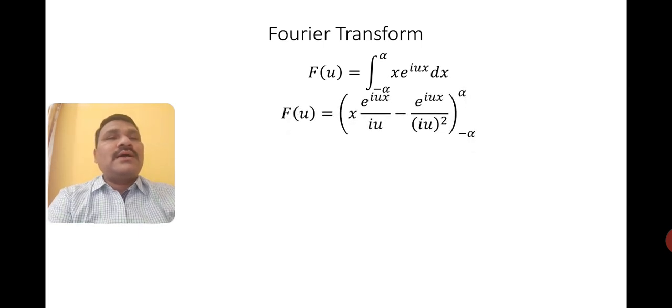So I kept the first x as it is, and I did the integration of e to the power iux, which gives e to the power iux divided by iu, minus, once again the differentiation of x will be 1, minus e to the power iux divided by, one more time, (iu) whole square.